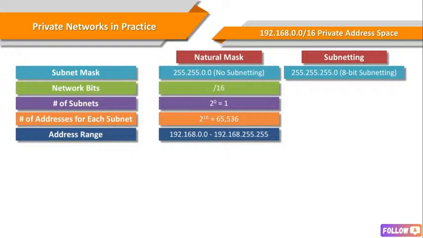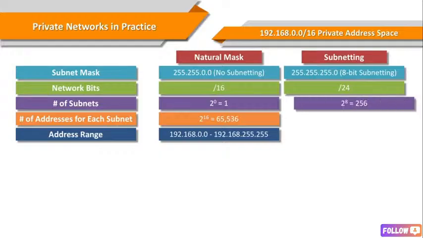In this case, we have a subnet mask of 255.255.255.0. 8 bits for subnets, and 24 bits for the network ID in total. 8 bits left for addressing the devices under the subnets. So as a result, we can create 256 subnets and address 256 devices for each one.